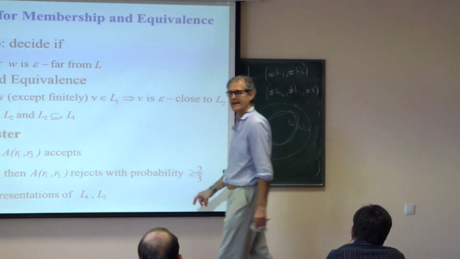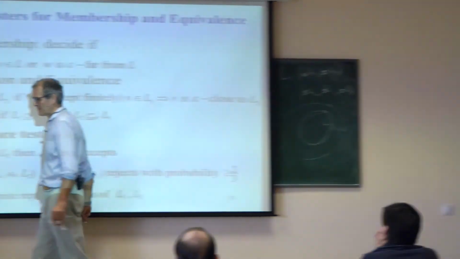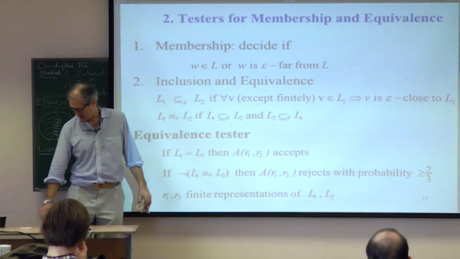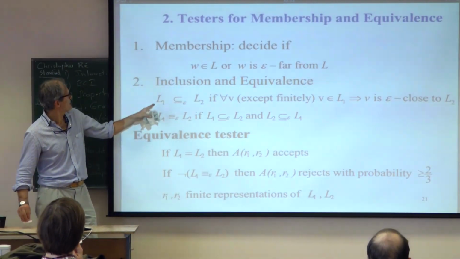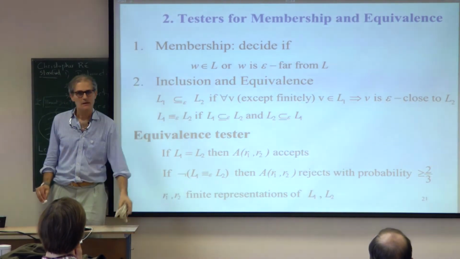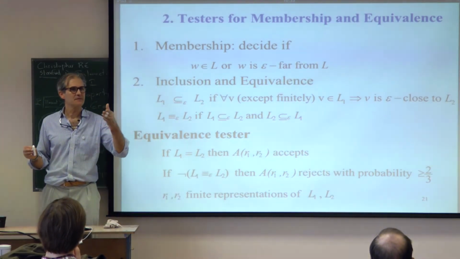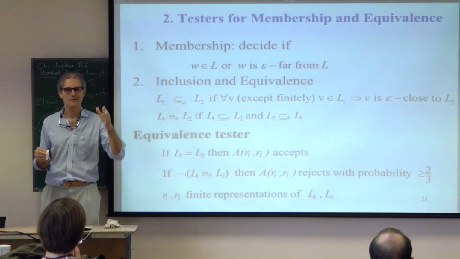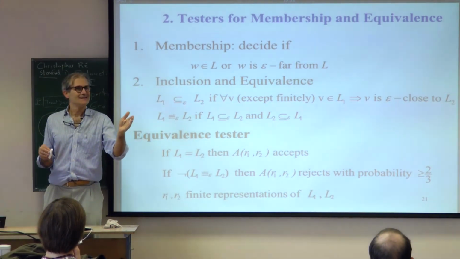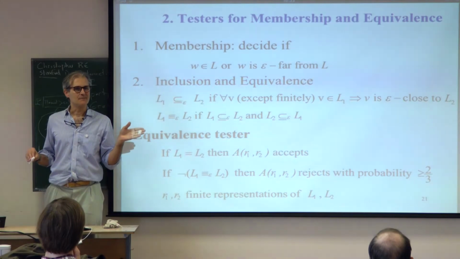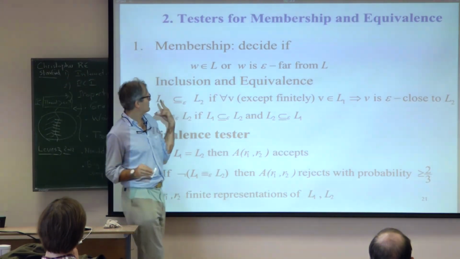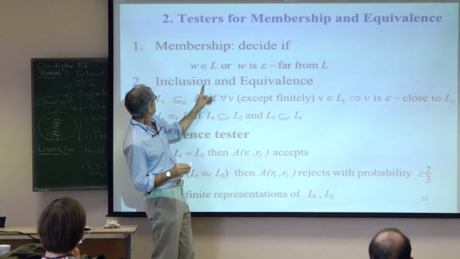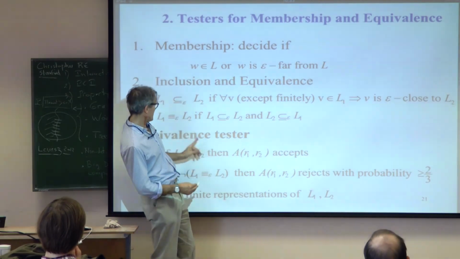Now, if you know some classical complexity, this is a well-studied problem, two regular expressions, and maybe some of you know exactly the complexity status. It's a PSPACE-complete problem. The parameter now is the length of R1 plus the length of R2.